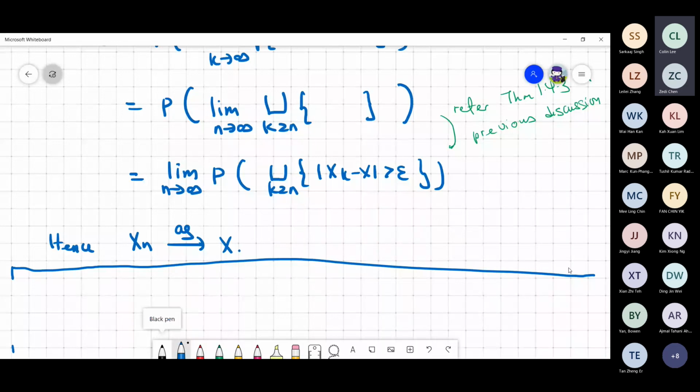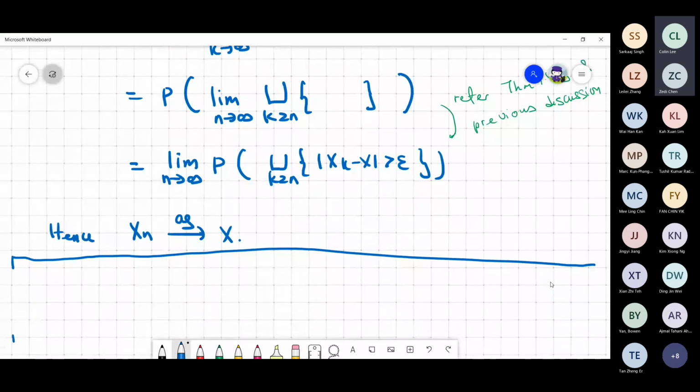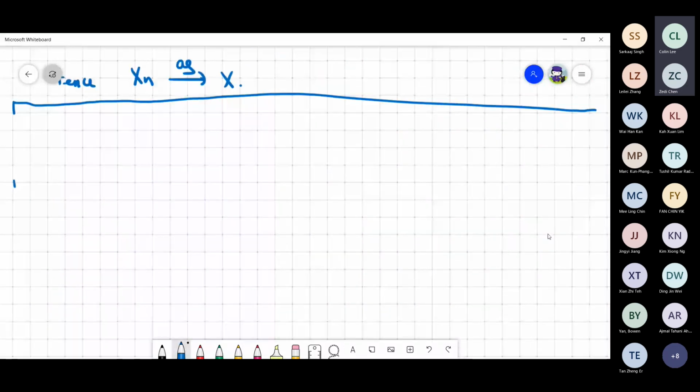All right, maybe we come back to our previous discussion, the answer for the question about supremum. Here we have two different supremums.